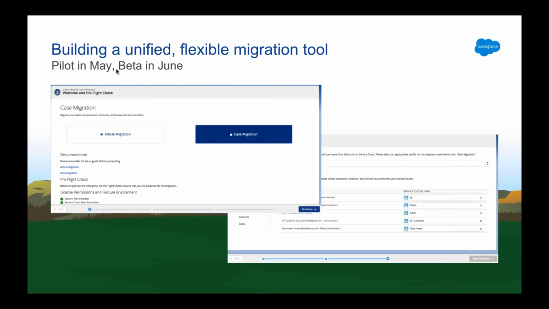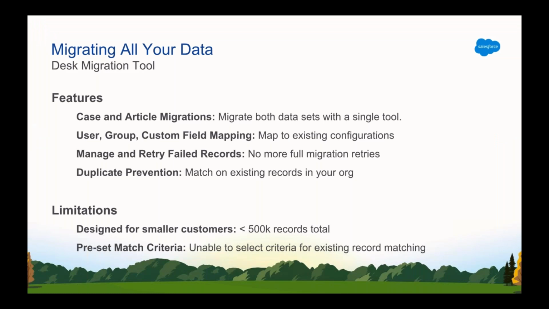Basically, it addresses those limitations from the old SCMT tool, and it builds on things that we started with the article migration tool. I can demo in a second, but I wanted to talk a little about what it does. It combines the case and article migrations into a single tool.